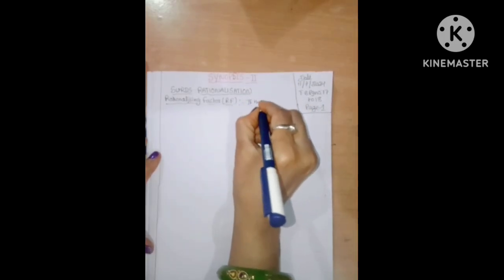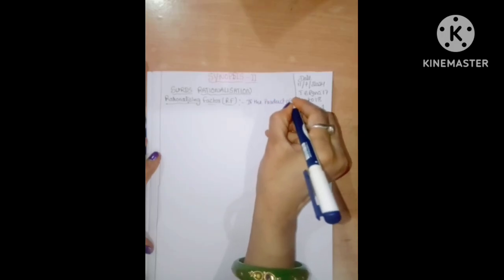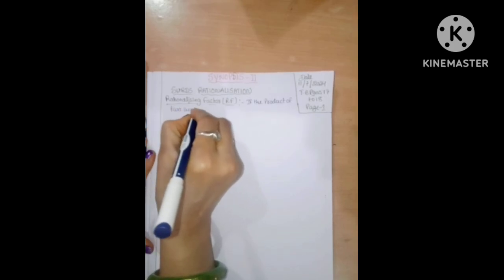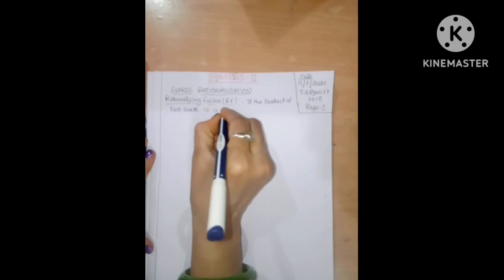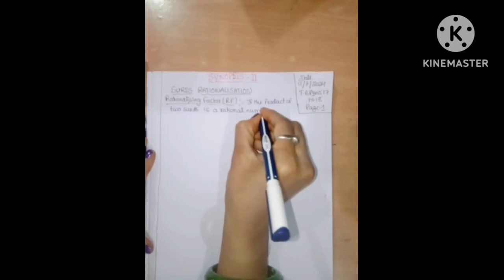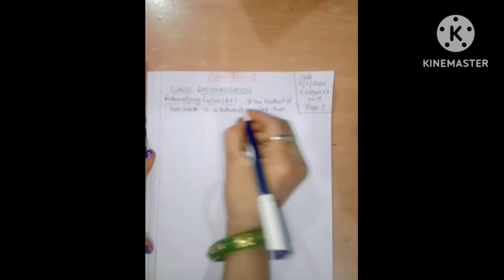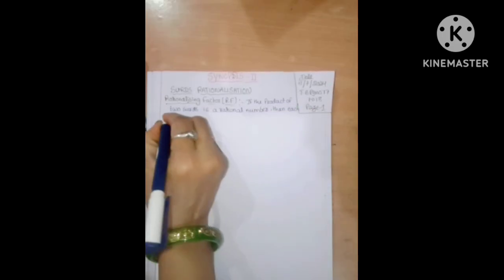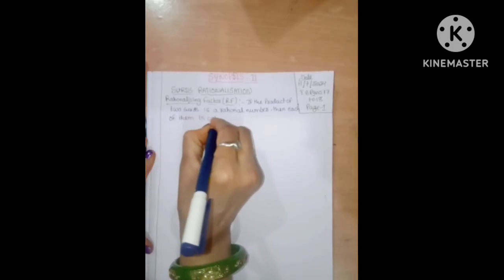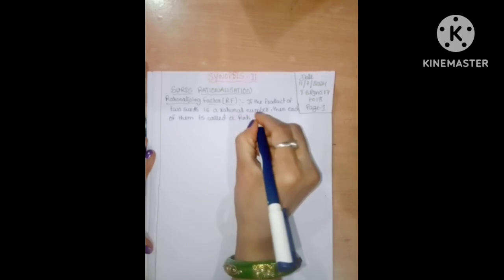If the product of two surds is a rational number, then each of them is called a rationalizing factor of the other.